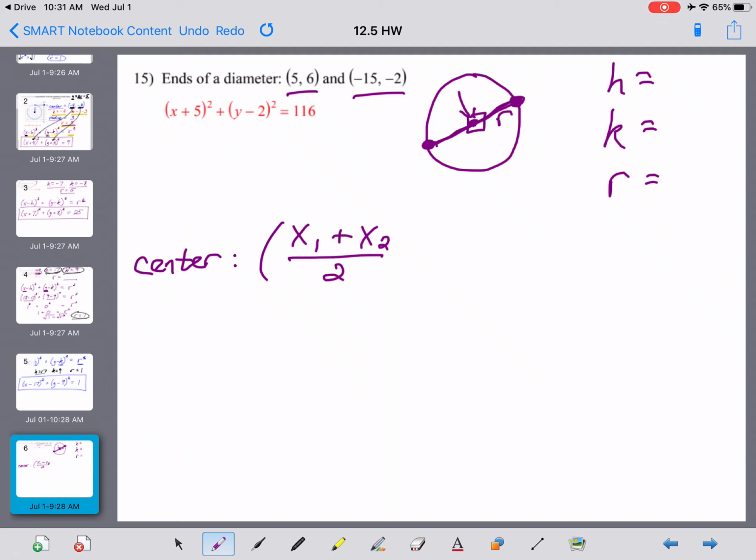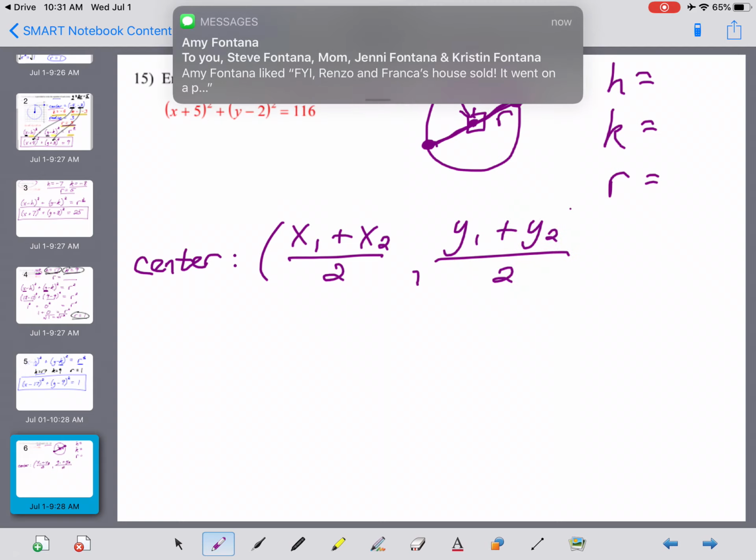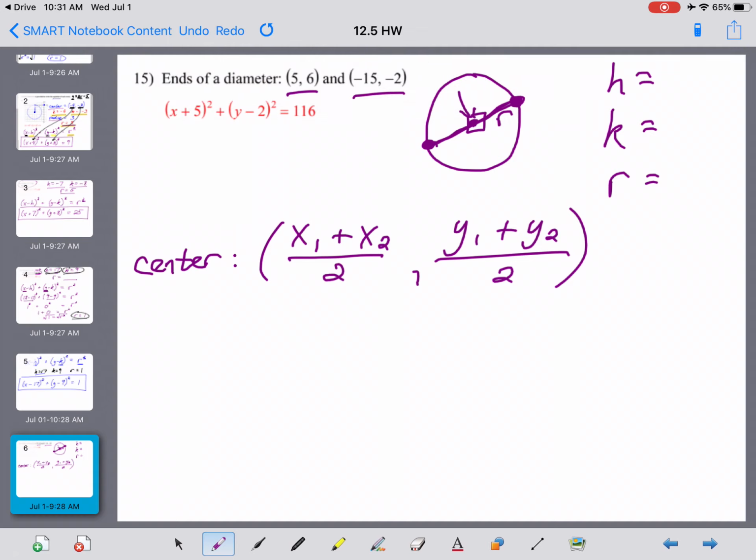You're finding the average of the x's, a big comma in the middle, and then we do the same thing for your y-coordinates, y1 plus y2 all over 2. So that is what we need to do to find our center. So that's going to equal, here we go. Taking a look at these 2 points, the x-coordinates are 5 and negative 15.